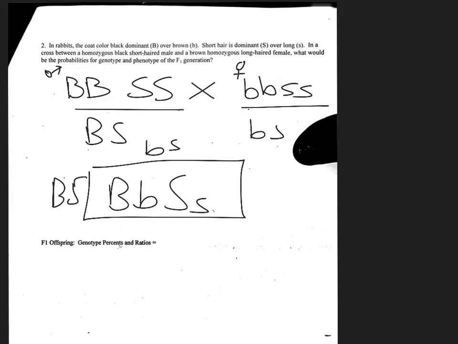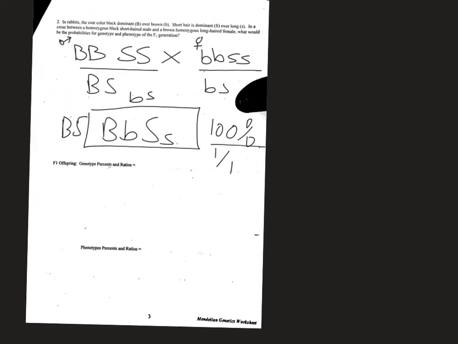All 100% of the babies are going to be black with short hair, right? 100% of the babies are heterozygous for both genes. So the ratio is 1 out of 1, 100%. That's it. There's no other discussion. Real simple. Again, you could have done all kinds of things to get the same answer, but that's the easiest way of doing it.